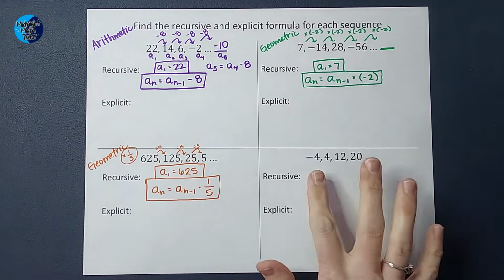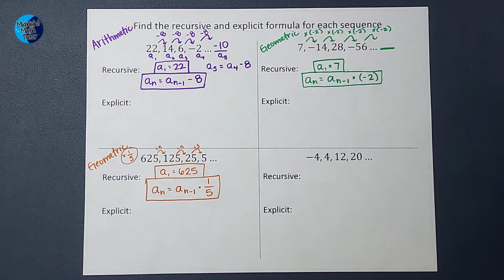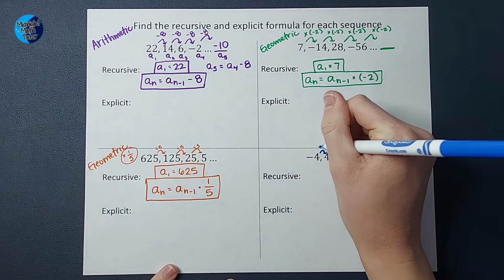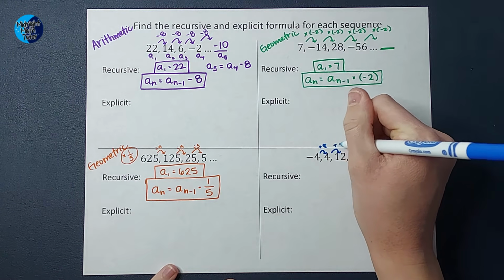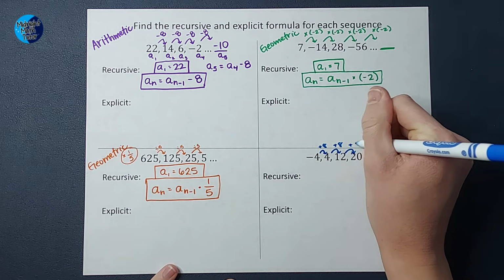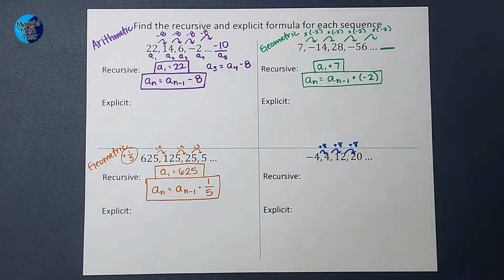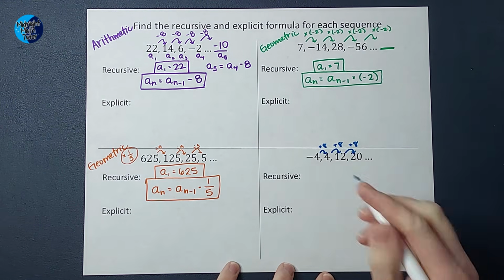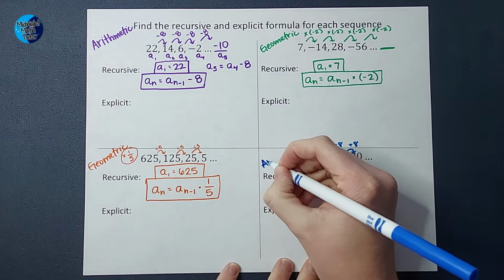All right, last recursive. What am I doing each time in this sequence? Look at it for a second. Okay, I am adding 8 each time. Add 8, add 8, add 8. Okay, so how do I show that in math language? Oh, I forgot to say, since we're adding, this is an arithmetic sequence, right?